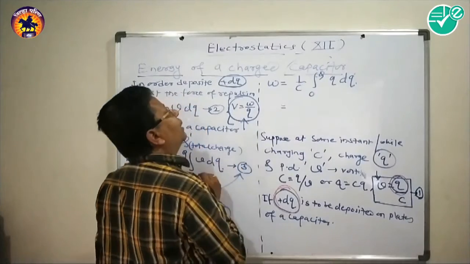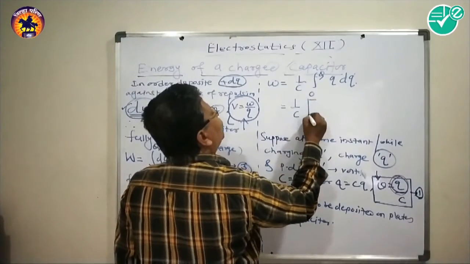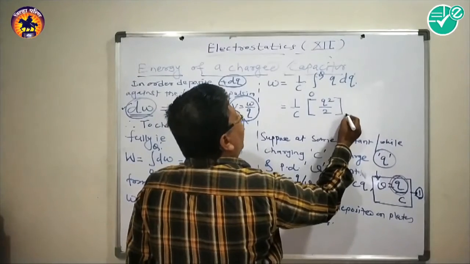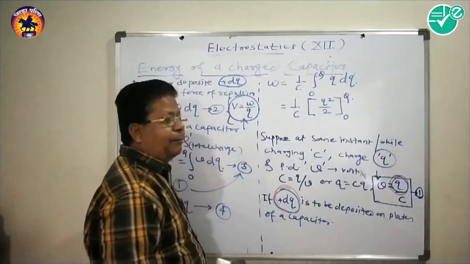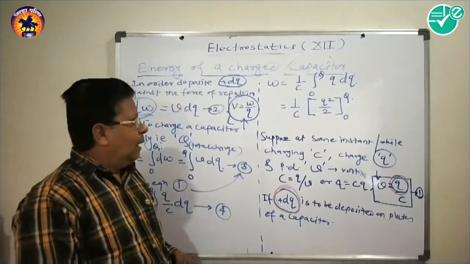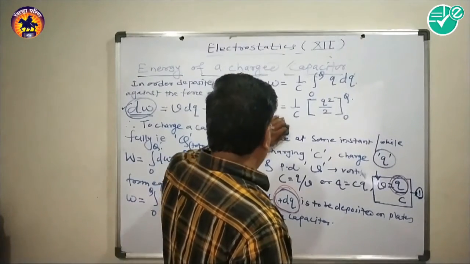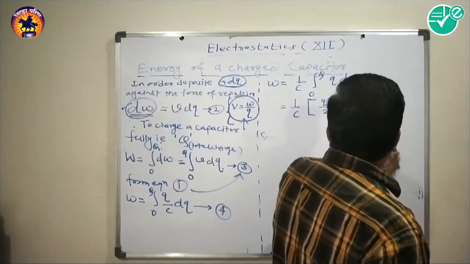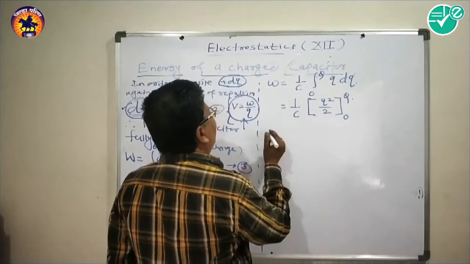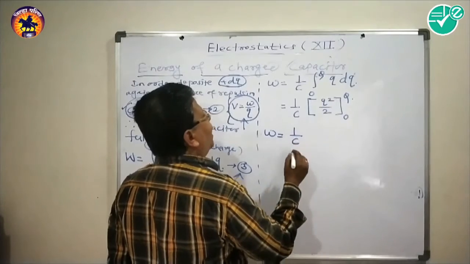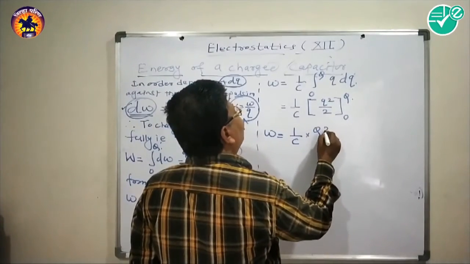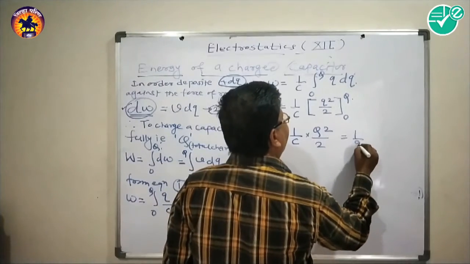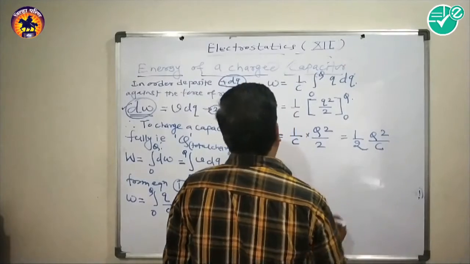And this total work done is equal to 1 by C into bracket, the integration of Q into dQ is Q square divided by 2, and limits are taken from 0 to capital Q. If the limits are substituted in this equation, the total work done W is equal to 1 by C into capital Q square divided by 2, or we write this expression as 1 by 2 Q square divided by C.